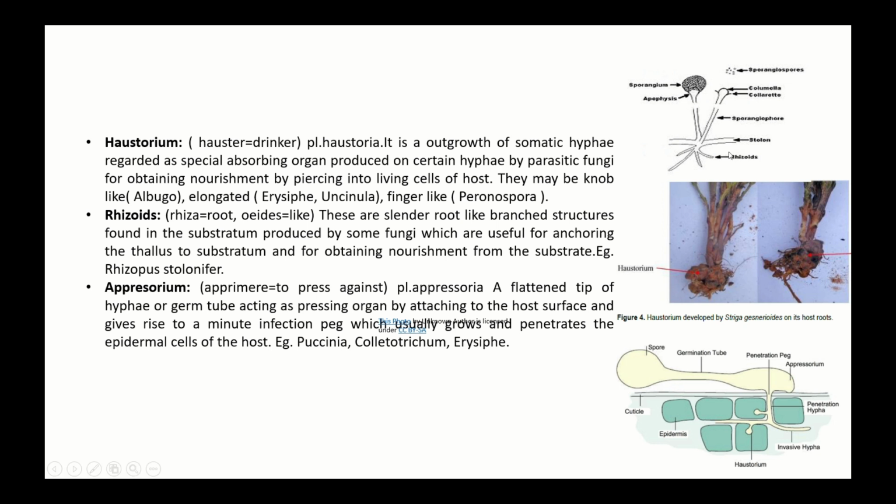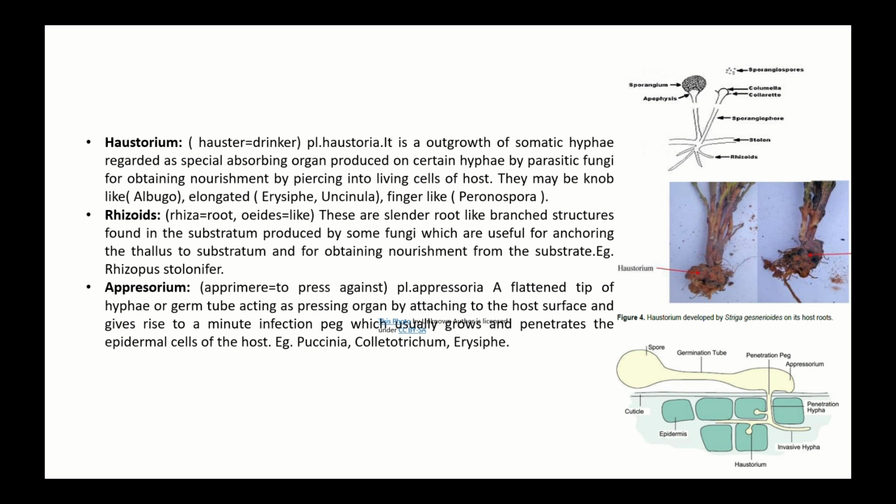Here we see the first one is haustorium. Haustorium is a living body in a host cell. It has a knob-like structure, which is elongated and finger-like.